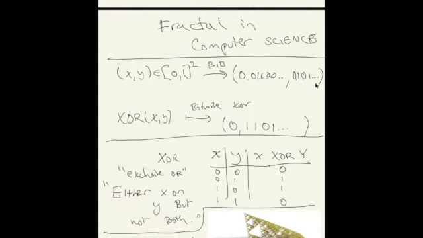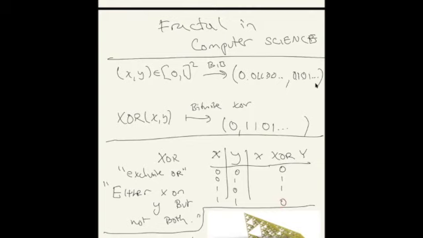And so the truth table related to that is 0, 0 gives you 0 because neither is true, 0, 1 gives you 1 because only one is true. But if both are true, then we get false. So it means either or.